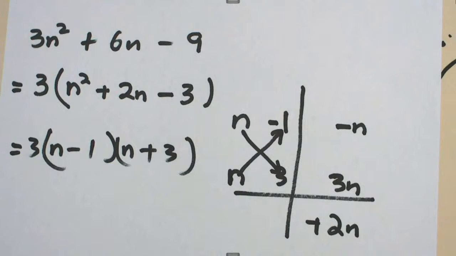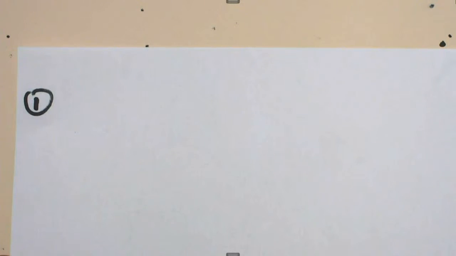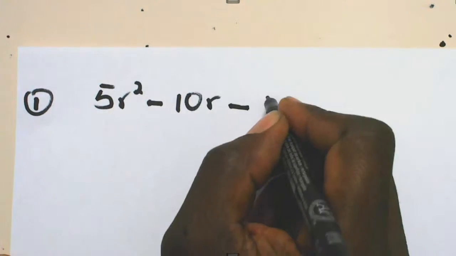For you now at home, this is what you have to do at home. Number 1 is 5r squared minus 10r minus 15.